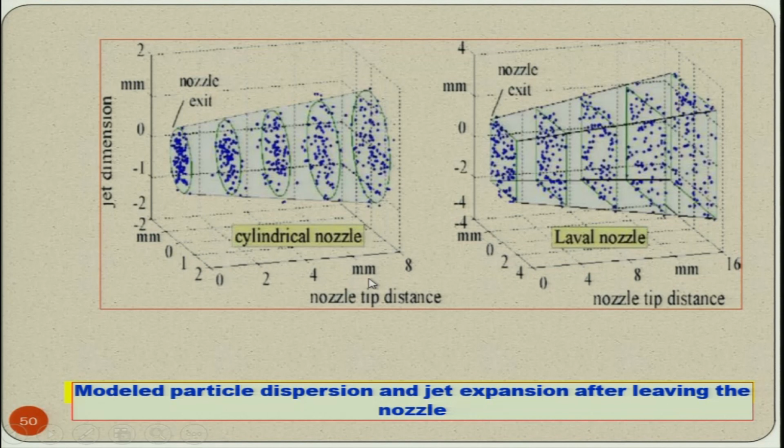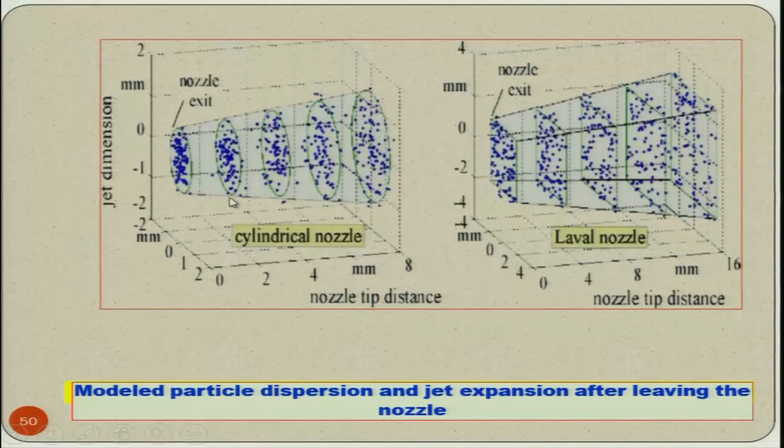I have shown you in the earlier slides that as the nozzle tip distance increases beyond 0.5 millimeter or 1 millimeter, flaring of the jet takes place, and this shows the flaring as the nozzle tip distance increases, and the distribution of the abrasive particles also changes.